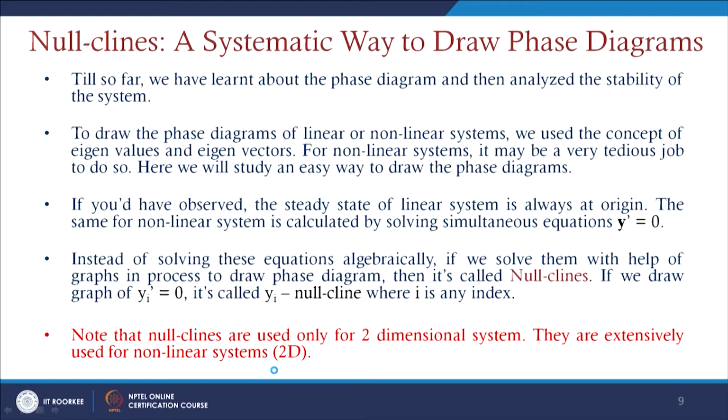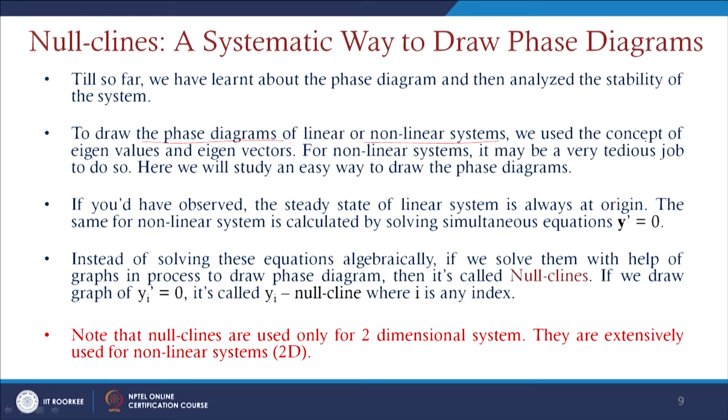Then we will go for null clines, a systematic way to draw phase diagrams. So far we have learnt about phase diagrams and analyzed the stability of the system. Whenever we drew phase diagrams of linear and nonlinear systems, we used the concept of eigenvalues and eigenvectors.